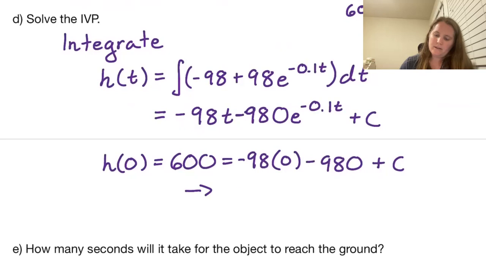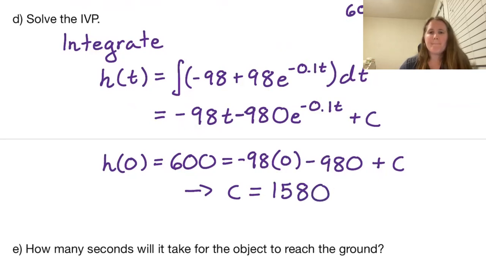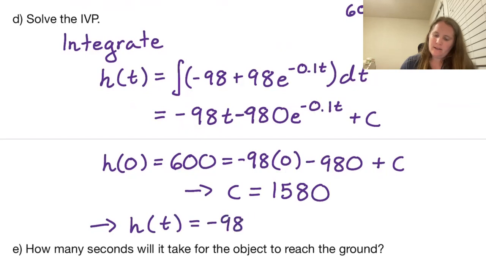That gives us that our c should be equal to 1580. And so we have the equation h of t is equal to negative 98t minus 980 e to the negative 0.1 t plus 1580.